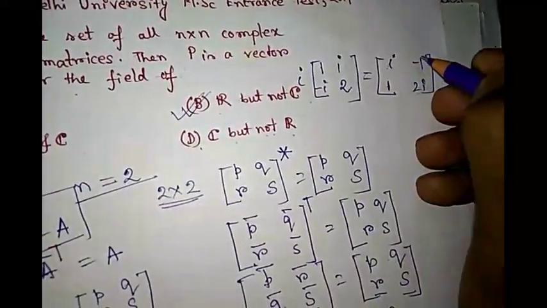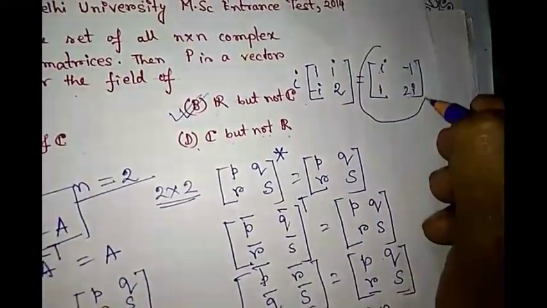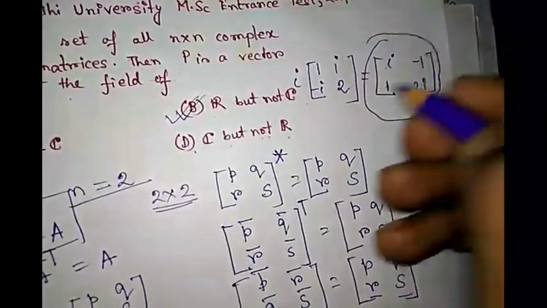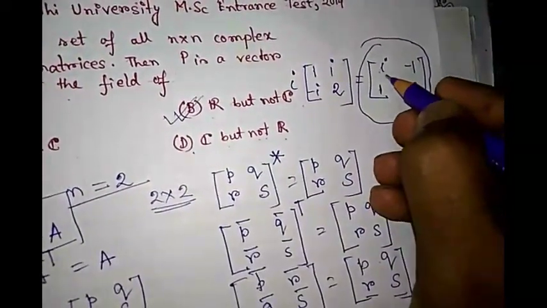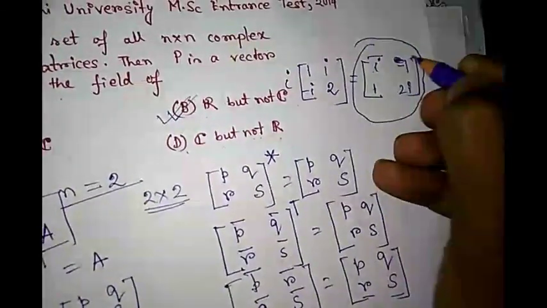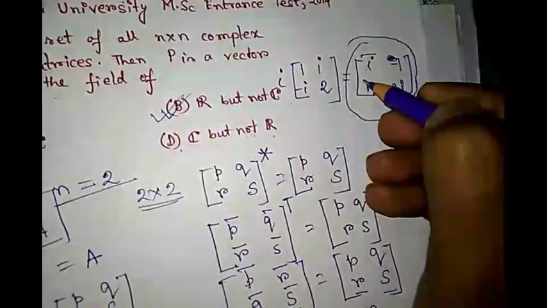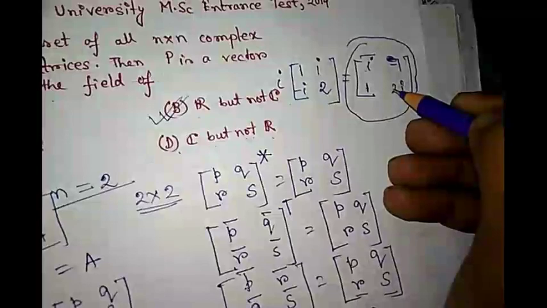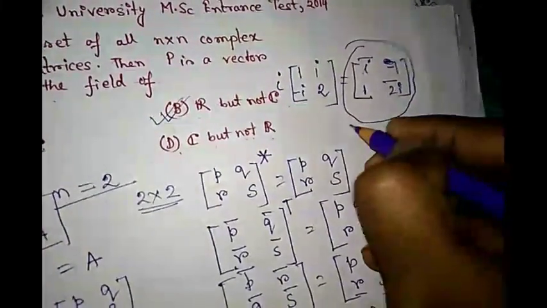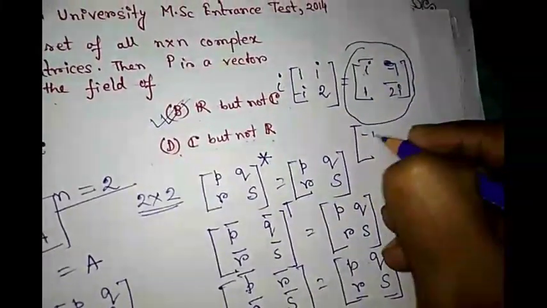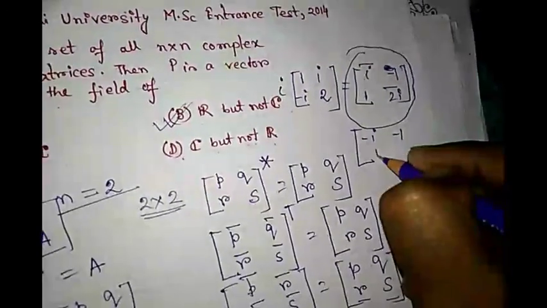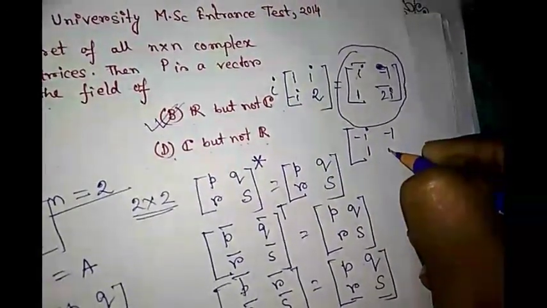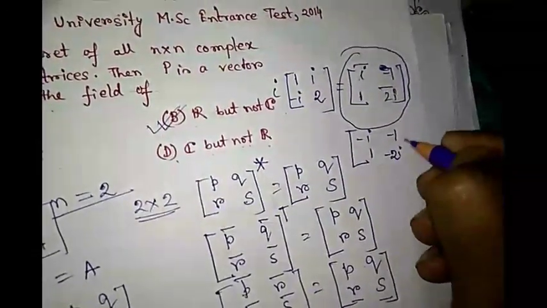Now we have to check whether this is a Hermitian matrix. First we take its bar. The real entries stay the same, so this is minus 1, and the bar of the others gives the matrix minus i, minus 1, 1, 2, minus 2i.